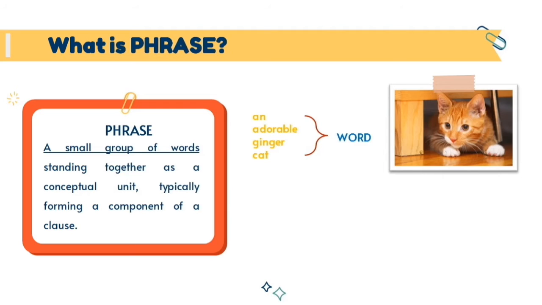And "ginger" is a noun, and "cat" is usually a noun. "An" is one word, "adorable" is one word, "ginger" is one word, "cat" is also one word. Now, this is called a word.